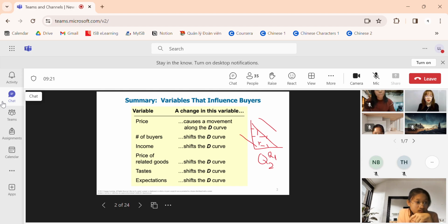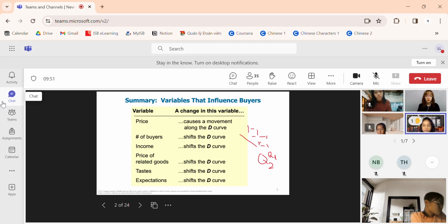So I'll take an example of the price of related goods that shift the demand curve. Let's imagine that the price of cinema movie tickets increases. At the same time, I think I'm going to buy fewer cinema movie tickets and use more film streaming services as they are substitutes.